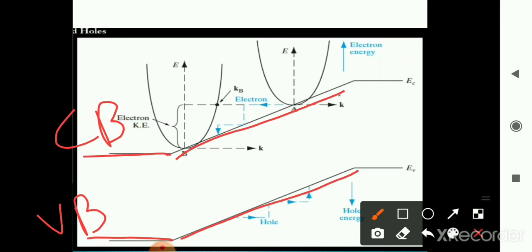So electrons will always be present at the bottom of the conduction band over here, and the holes are always present at the top of the valence band. These are the holes. So the electron along with the hole creates an electron hole pair.